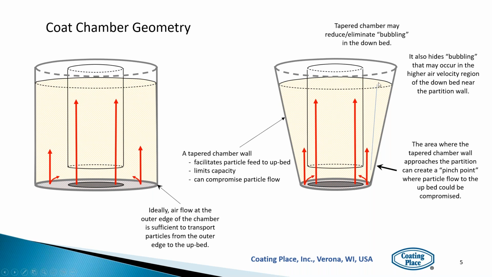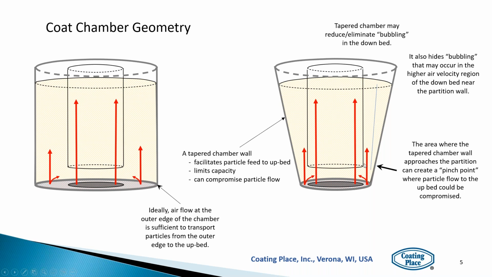Essentially, when you are relying on gravity feed, you have particles near the wall of the chamber. Basically, the air isn't flowing up through those particles. It's just gradually feeding down with gravity. But there is likely some air going up right along the partition wall, perhaps not enough to make bubbling, but you can actually have bubbling, but it'll be confined to a narrow region, likely right along the wall of the partition.